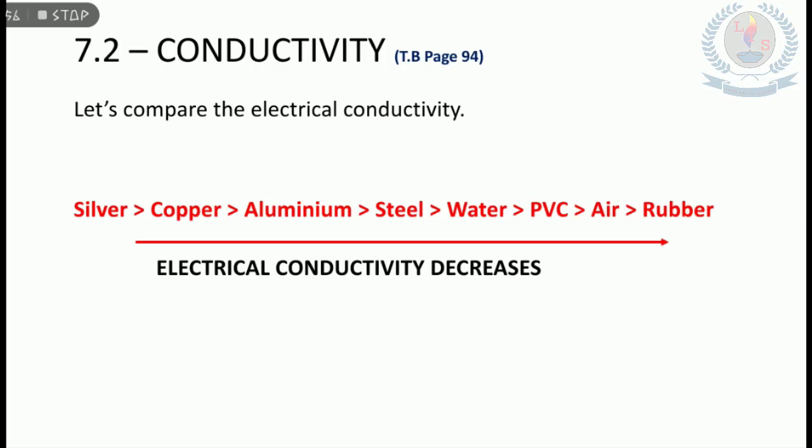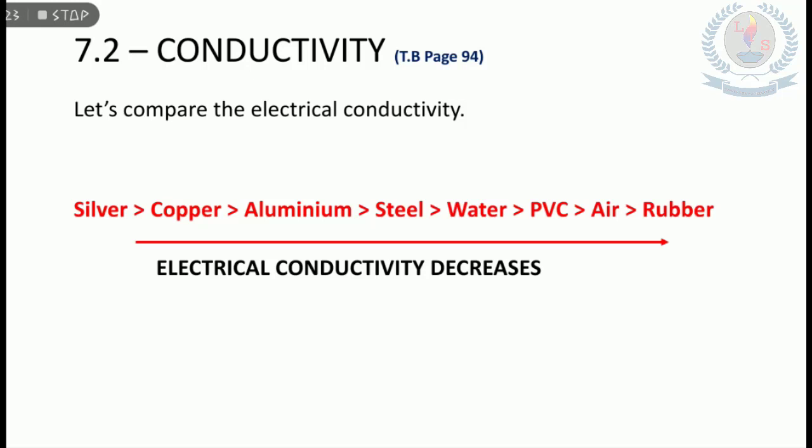Conductivity. In the textbook, page number 94, they have mentioned some substances along with their conductivities in numerical values. Accordingly, these substances can be arranged in descending order, which means highest to the lowest based on their electrical conductivities.